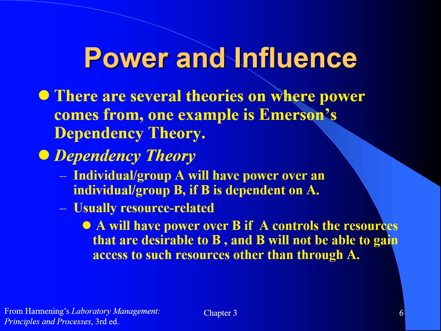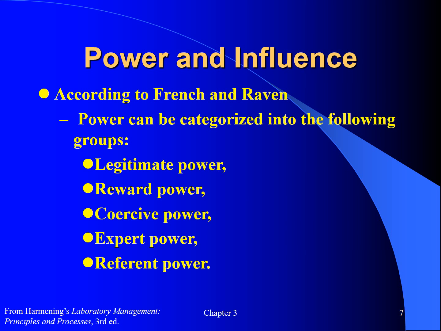The desired resources could be money, materials and space for work, tools and equipment, knowledge and expertise, political networks. Another theory on the sources of power was developed by psychologists French and Raven.